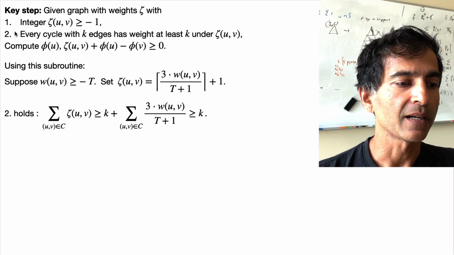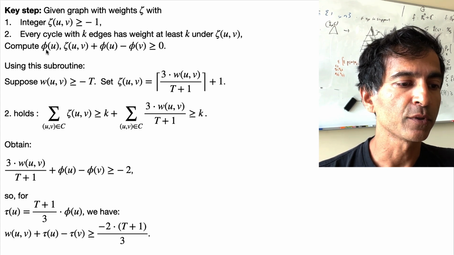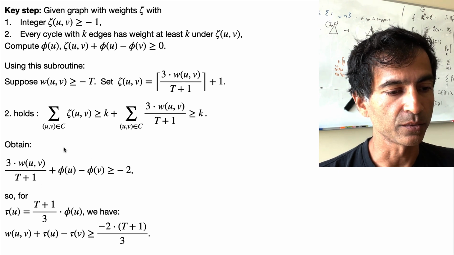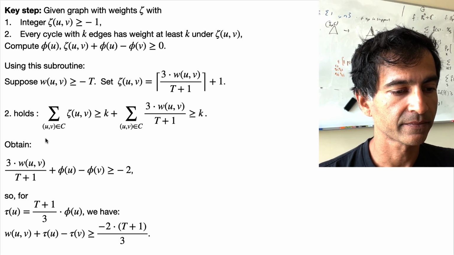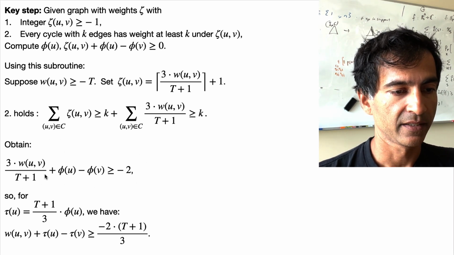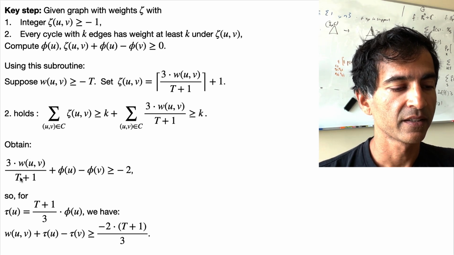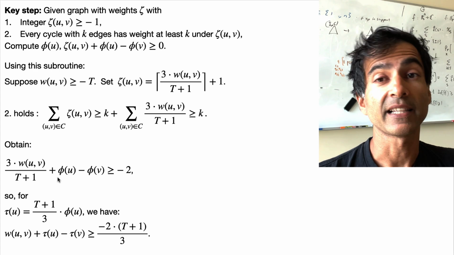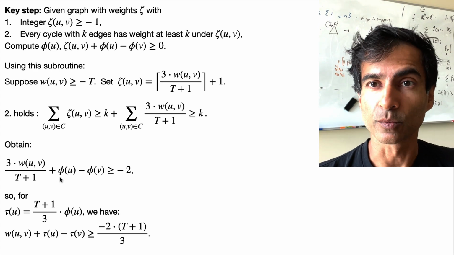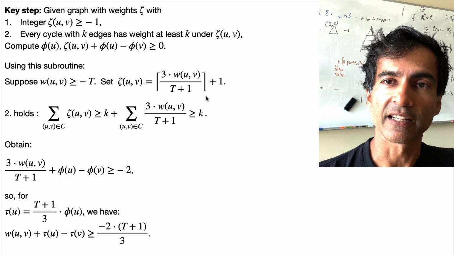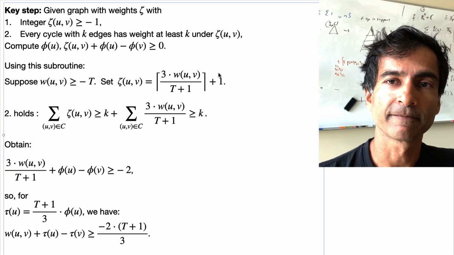So we can now apply the subroutine to compute the phi satisfying this inequality, but that translates to this inequality. Because if I replace zeta with this quantity, that can create an error of at most 2, right? 1 because I've removed the ceiling function, and an additional 1 because I've ignored the +1.